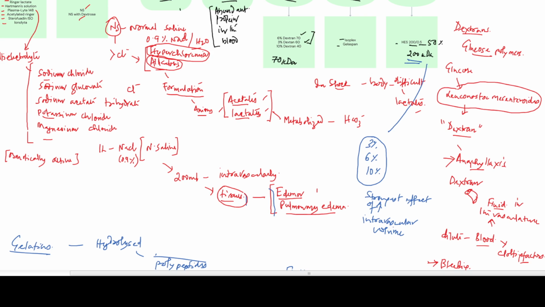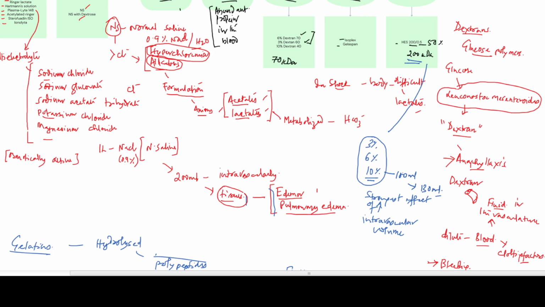So with hydroxyethyl starch, let's say 10%, if you give 100 ml of 10 percent solution, then we would get about 130 ml of increase in volume, as we explained earlier.